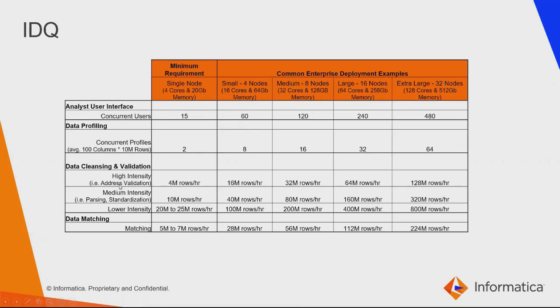For data cleansing and validation, examples of high intensity are like address validation with 16 million rows per hour throughput, medium intensity are like some parsing or standardization transformations being used with 40 million rows per hour, and some of the lower intensity jobs taking 100 million per hour. The matching use cases have 28 million rows per hour. So this can be a small sized deployment. Depending on the need, please feel free to plan the sizing accordingly.